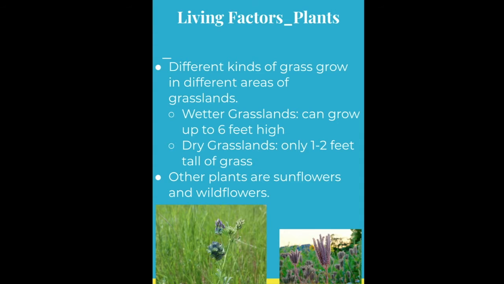That is much taller than even me. And then dry grasslands, they still have grass, but the grass doesn't grow that tall. Maybe like 1 or 2 feet tall. And there are occasionally other plants that we see in grassland, like occasional sunflowers or wildflowers. But the majority of plants in a grassland is grass.